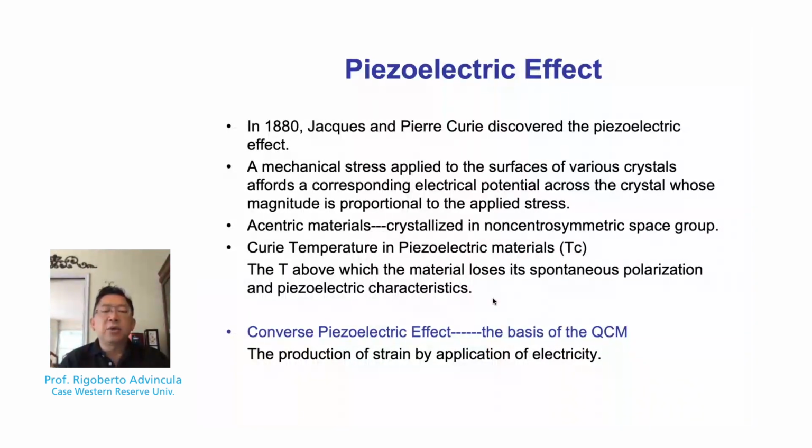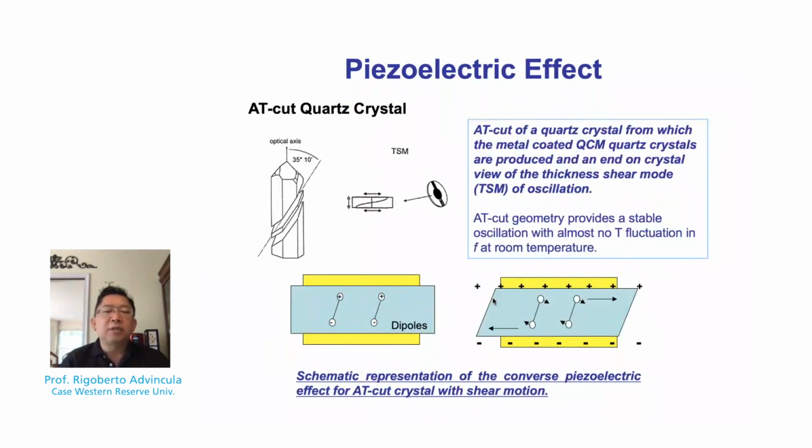Okay. So here we have a picture of the quartz crystal sandwiched between the gold electrodes. So an oscillation stress is applied on this AT cut geometry crystal, and at the correct temperature or experiment with little temperature drift, this transducer element becomes the basis for a QCM experiment or determination.